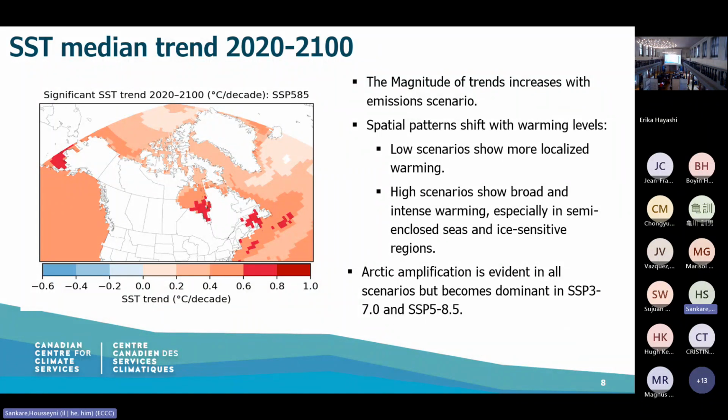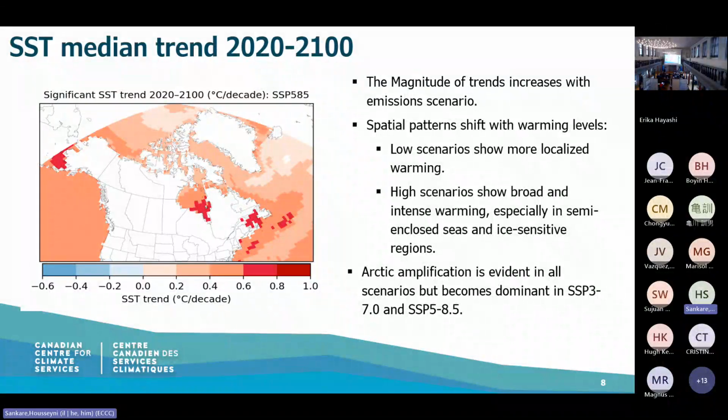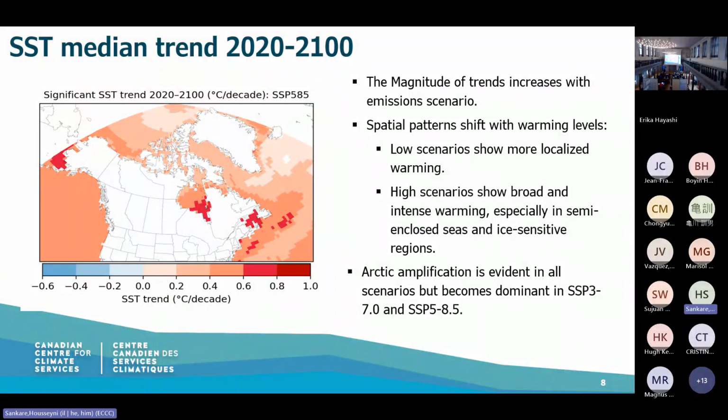And for the last scenario, SSP5-8.5, we can see that the warming ranges from 0.5 to 0.8 per decade. That is more for this one. Also, we remark that Arctic amplification is evident in all scenarios, but becomes dominant in the two higher emission scenarios, SSP3-7.0 and SSP5-8.5.